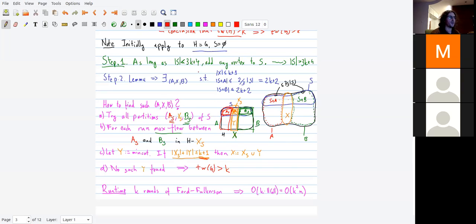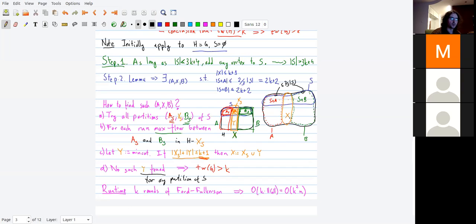On the other hand, knowing that there exists a structure like that, I know that my max flow needs to succeed for some partition of S. So if I did not find Y for any partition of S that I have looked at, then this means that my lemma was not true, because I do not see this structure at all in my graph.